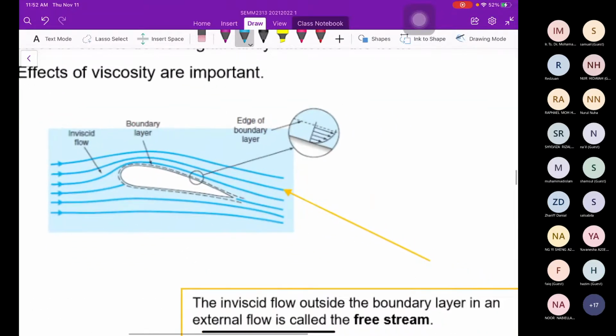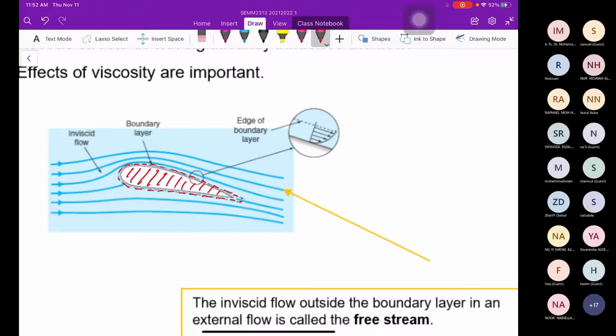For example, this is the aerofoil, cross-sectional view. Surrounding the aerofoil, close to the aerofoil, we have the boundary layer. The boundary layer is basically near the surface of the aerofoil.